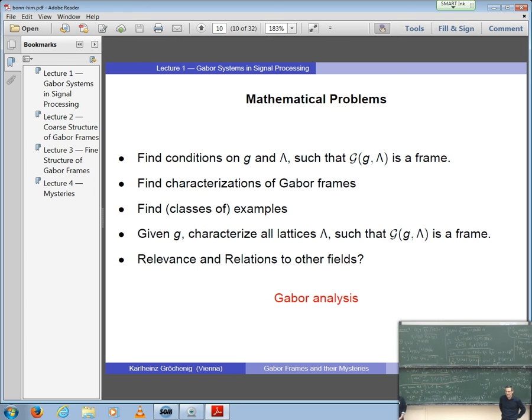Except in one case, there are no characterizations. Except for the Gaussian, there is no characterization of the frame property by anything. There is some kind of abstract duality theory by Kasatsa and his team, and then by Ole Christensen. But it took them years to reproduce the duality for the lattice, and it's not clear what that general duality theory yields.